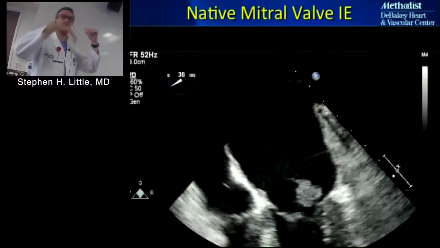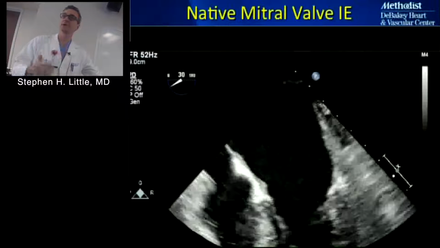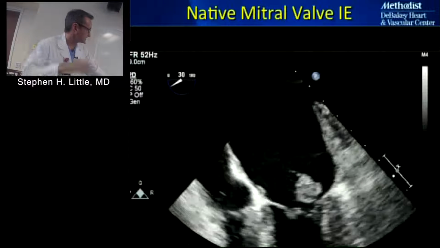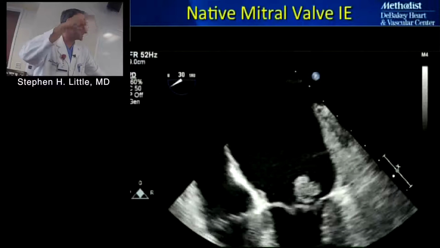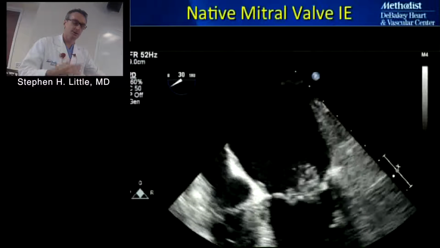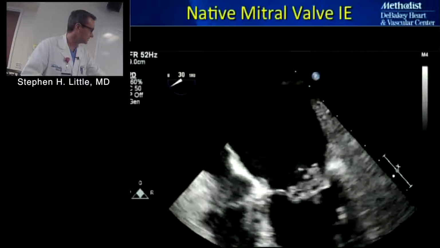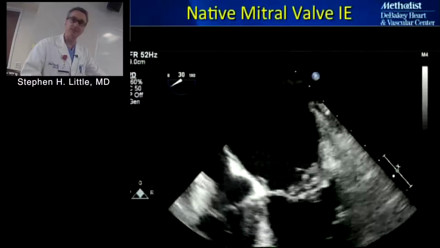Oscillating means it's got its own thing. It's going at a different frequency, a different speed, a different repeat rate. And if you look at these things, they're related. But once it's up in systole, up in the atria, it's flipping around and doing all kinds of things that the valve is not doing. So that's what oscillating means. It's independent motion. That's one of the hallmarks of an actual vegetation, particularly a bacterial vegetation.